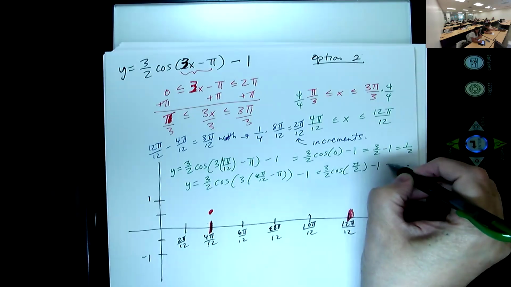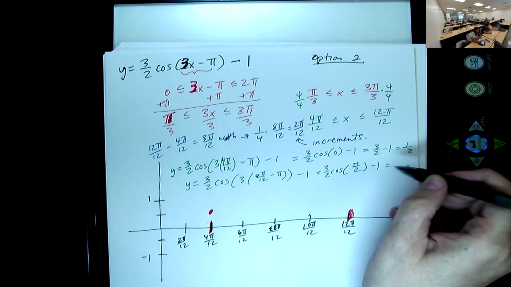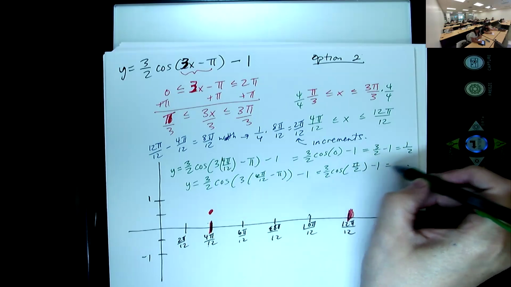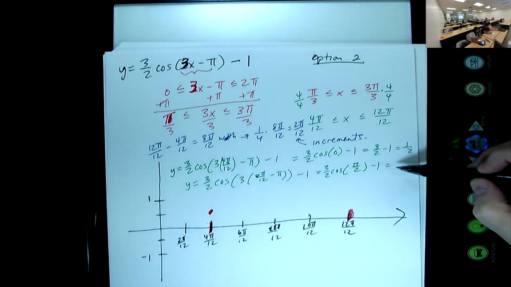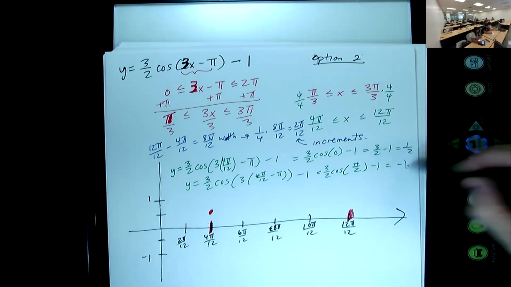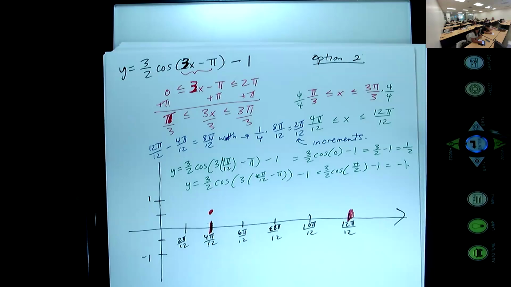Which is just negative 1, right? Cosine of pi over 2 is 0, so that's just negative 1.